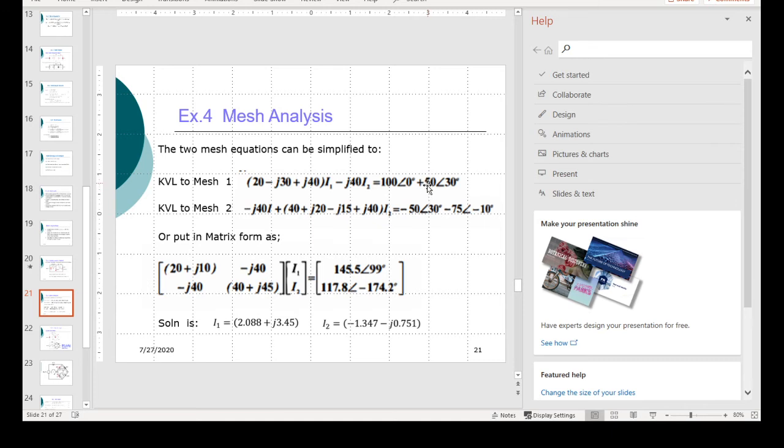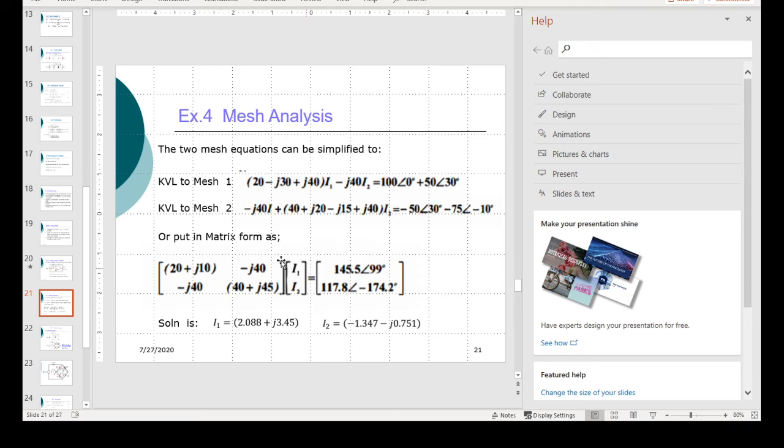The resulting equation will only have one unknown, and then you proceed to simplify it. Multiply, divide until you get your answer. That's where you need to be very careful because of the complex numbers. The chances of making calculation errors are very high.